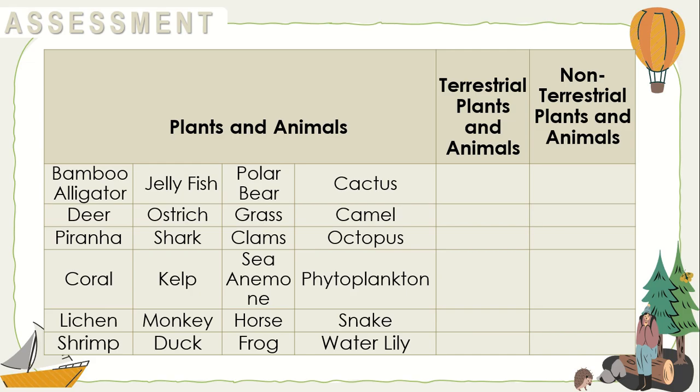For plants and animals, we have bamboo, alligator, deer, piranha, coral, lichen, shrimp, jellyfish, ostrich, shark, kelp, monkey, duck, polar bear, grass, clams, sea anemone, horse, frog, cactus, camel, octopus, phytoplankton, snake, and water lily.